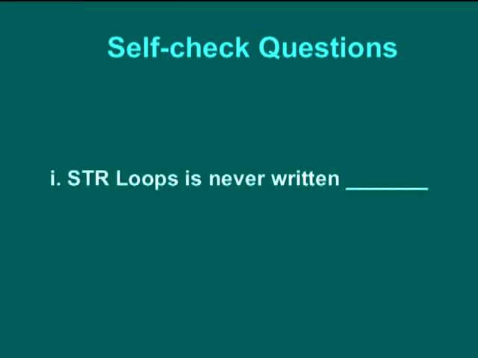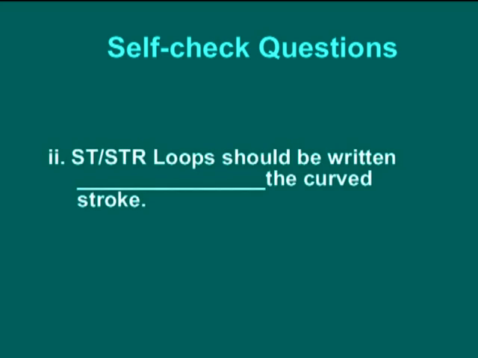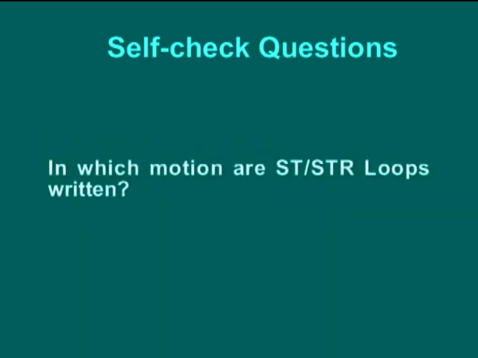Now you may test your knowledge by answering the following questions. Fill in the blanks. STR loop is never written dash. ST or STR loops should be written dash the curved stroke. In which motion are ST or STR loops written?